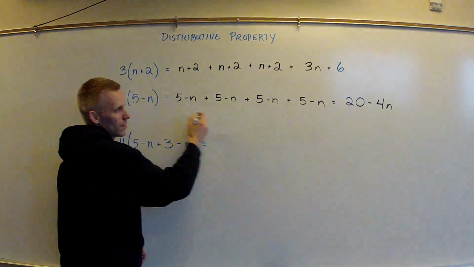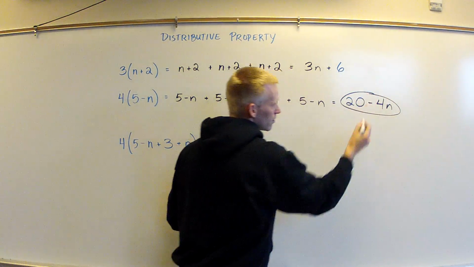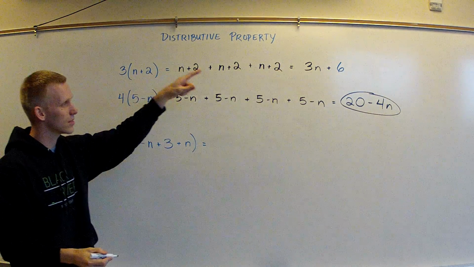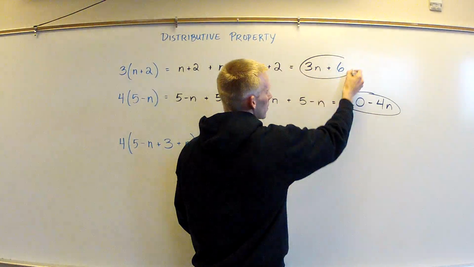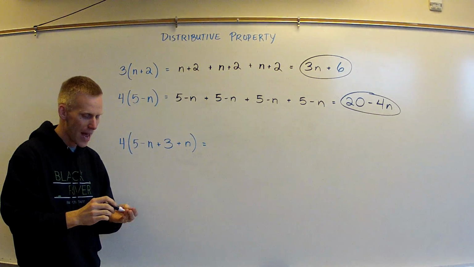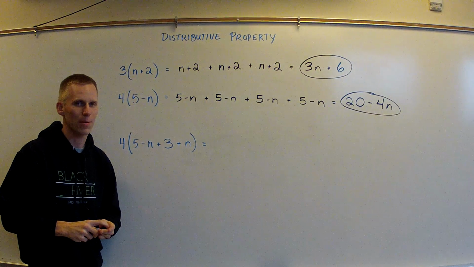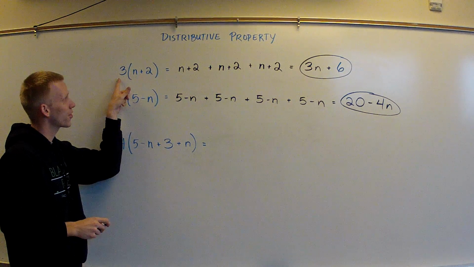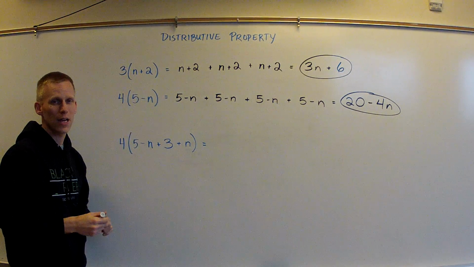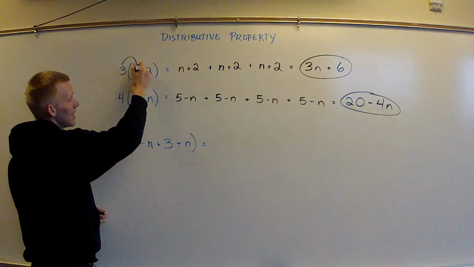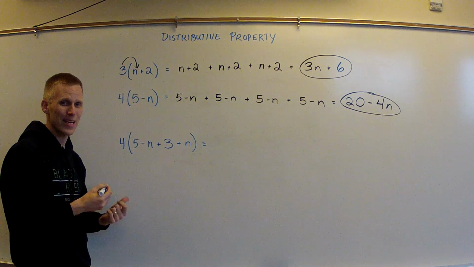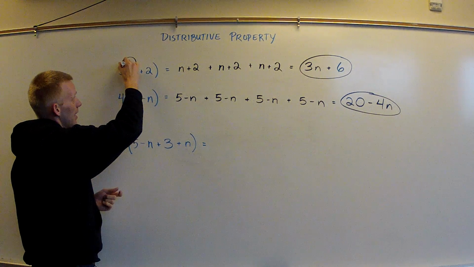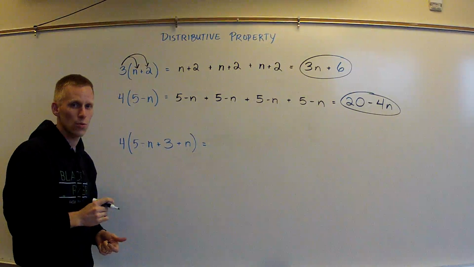Well, this is the same as this. Right? This expression is the same as this expression. Right? We can see that. We haven't really used the distributive property yet. The distributive property is saying I've got 3 n plus 2's. In other words, I have 3 n's, and I have 3 2's.